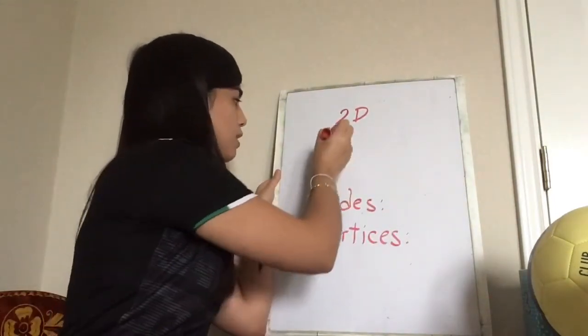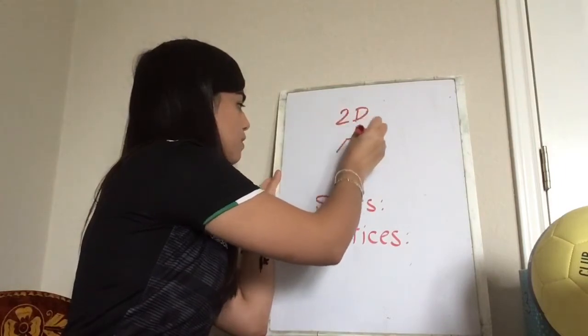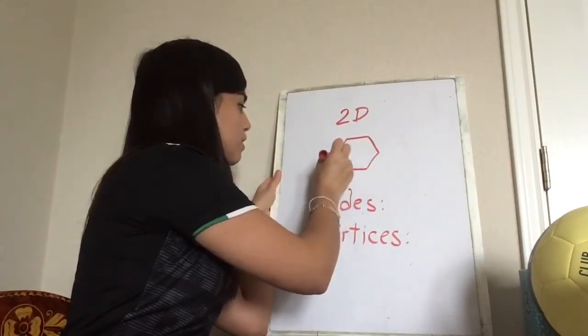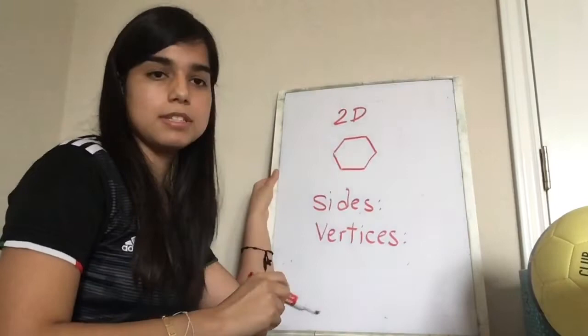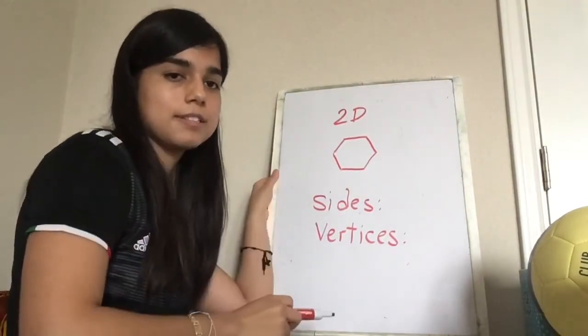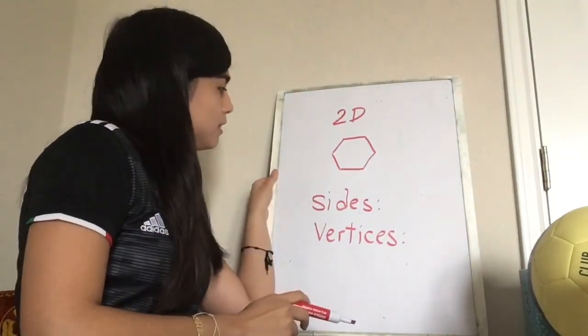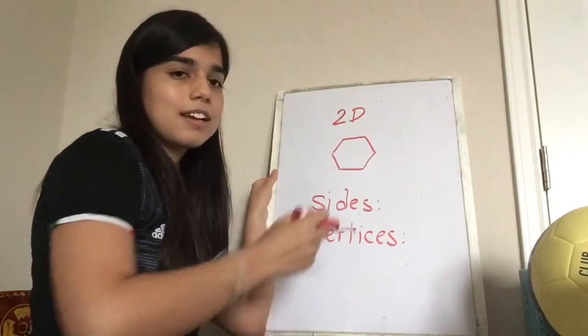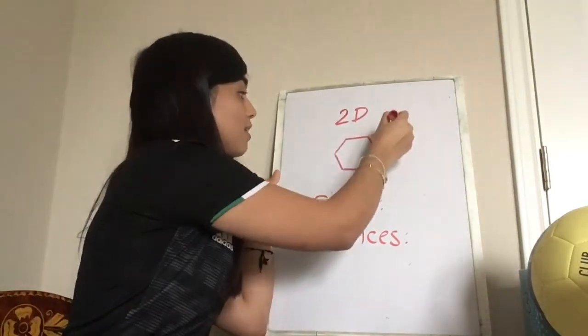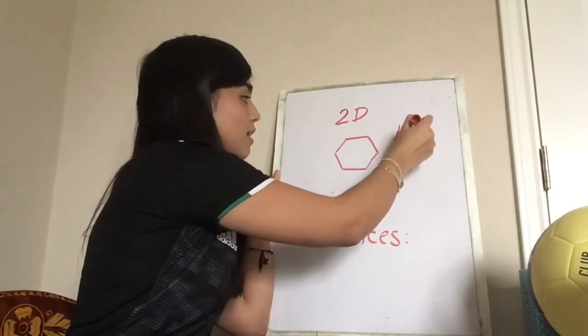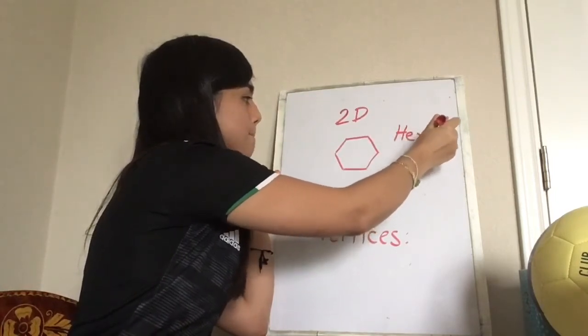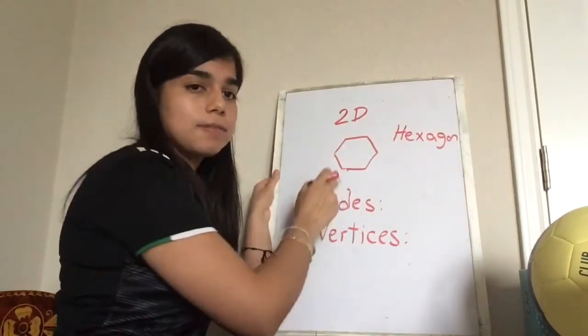I'll try to have you tell me what shape this is. What shape do you guys think that is? All right, let's look at the sides. This is a hexagon, okay? A hexagon. So let's look at the sides.